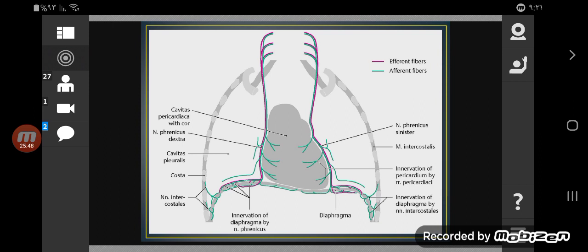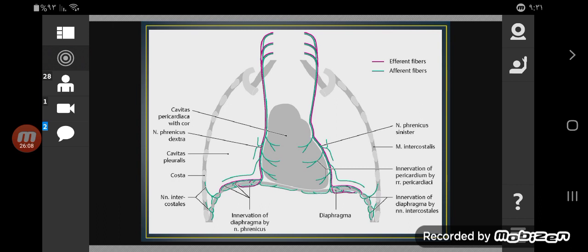The periphery of the diaphragm, this part which attaches to the lower ribs, is innervated by the intercostal nerves.